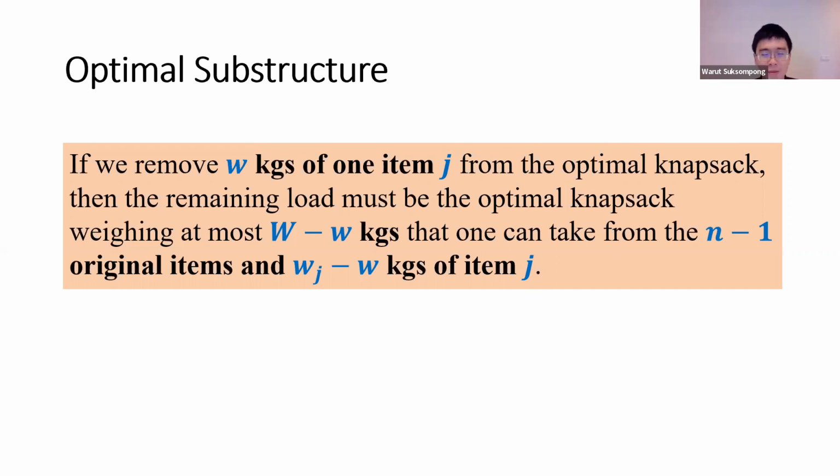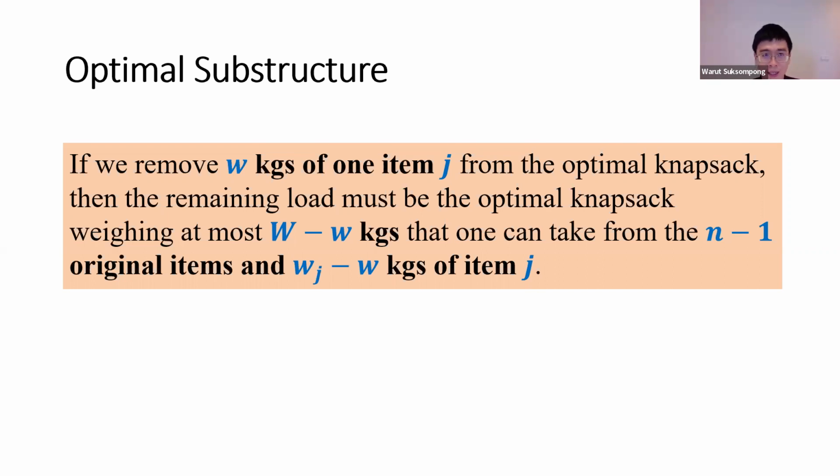Maybe in the optimal solution item J has 1 kilogram in it, and you remove, say, 0.6 kilogram of item J, then the remaining load must still be the optimal knapsack of the remaining items.